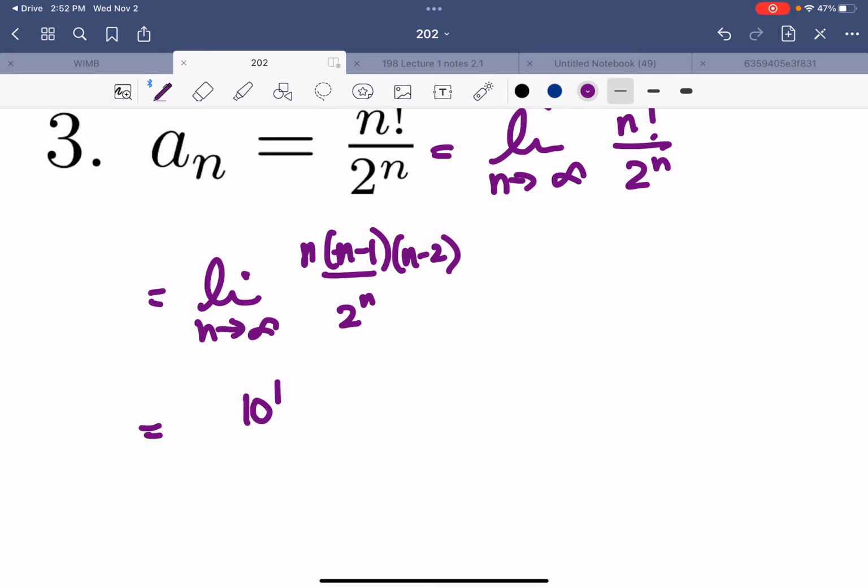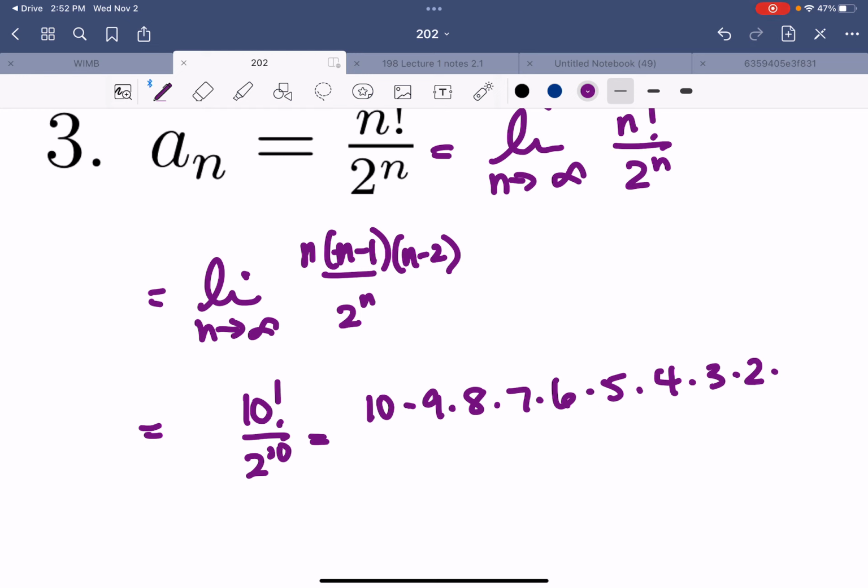if you had 10 factorial over 2 to the 10, that's going to be 10 times 9 times 8 times 7 times 6 times 5 times 4 times 3 times 2 times 1. And underneath that, I get 10 2s. So I get a 2 underneath each of these.